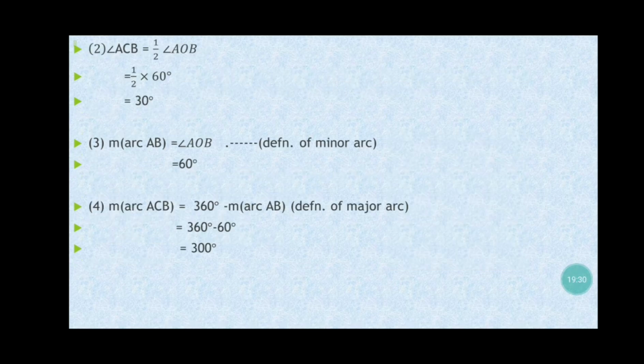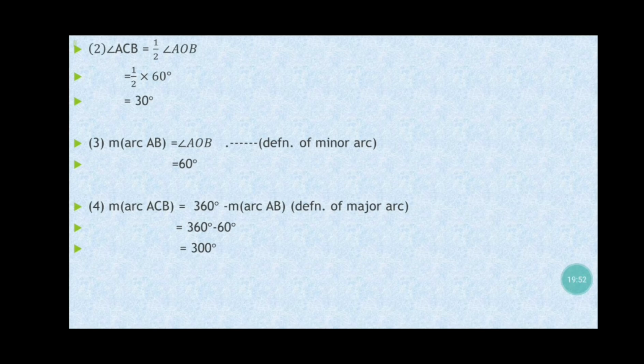Now, we have to find out angle ACB. Angle ACB is equal to half measure arc AOB. So, it is half of 60, that is equal to 30 degrees, right. Now, we have to find out measure arc AB.